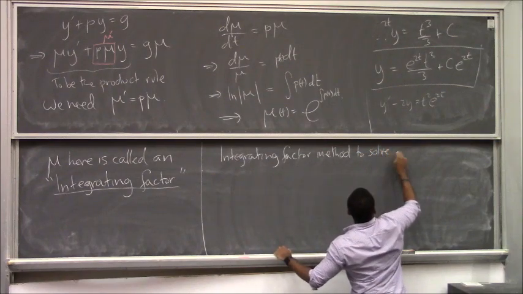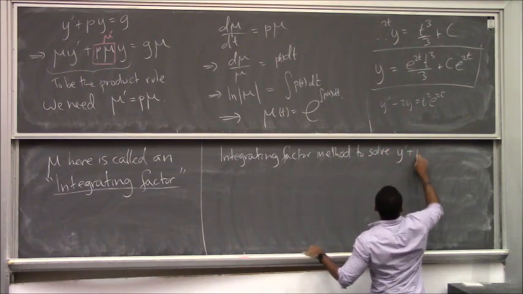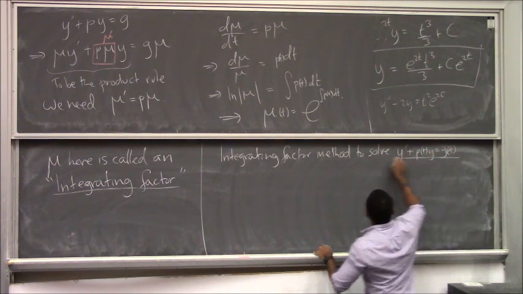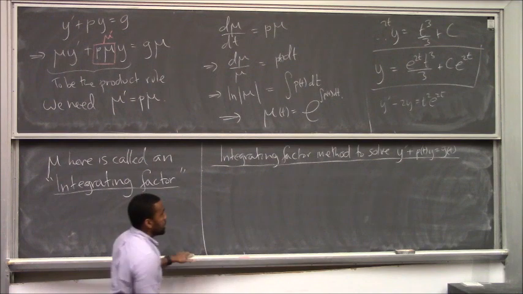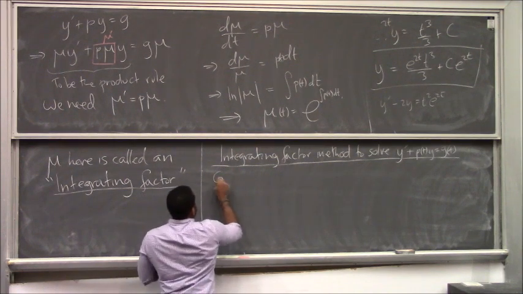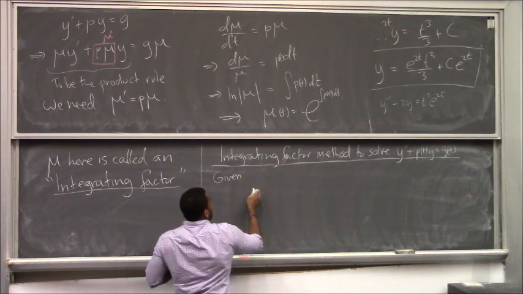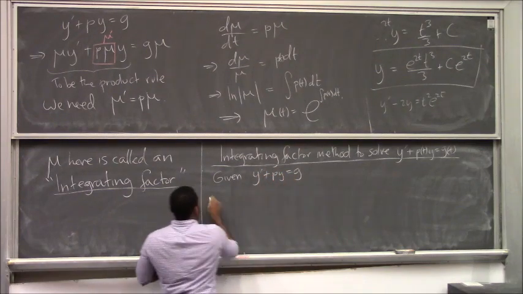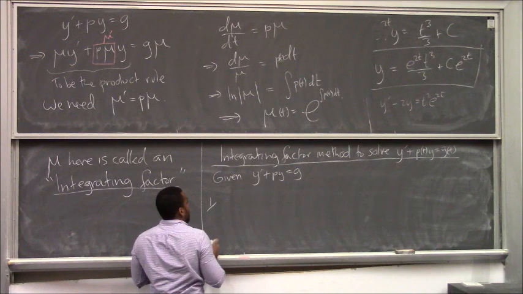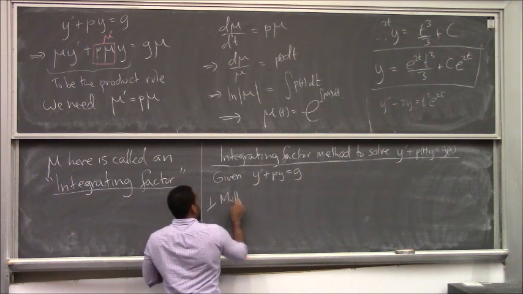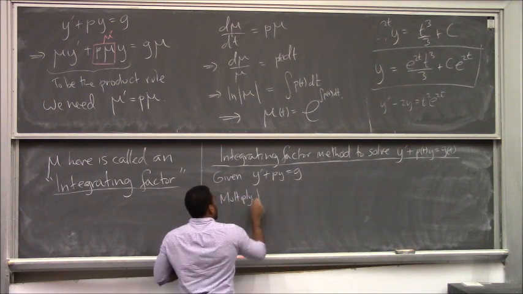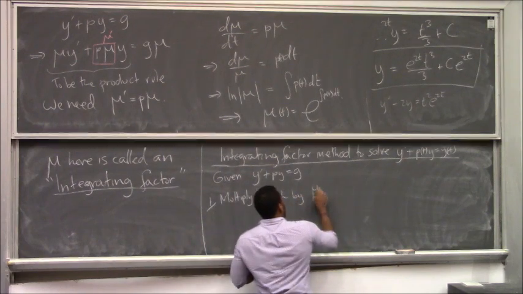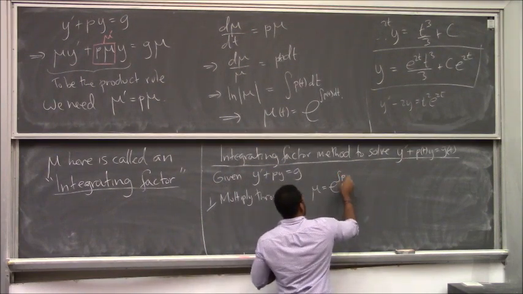So, here's the integrating factor method. Solve y prime plus p of t times y equals g of t. Given y prime plus py equals g, one: multiply through by mu equals e to the integral of p.